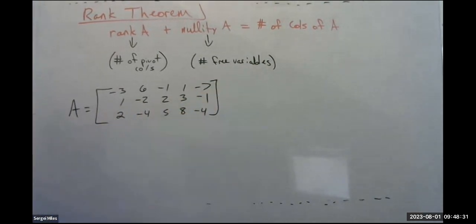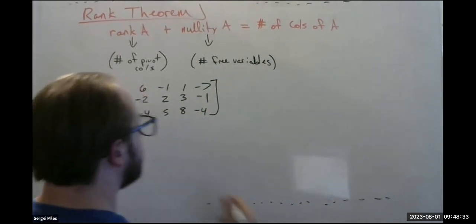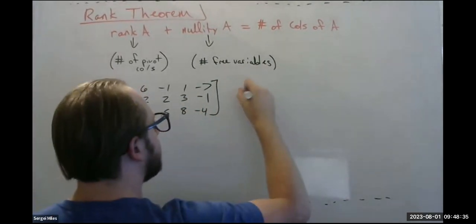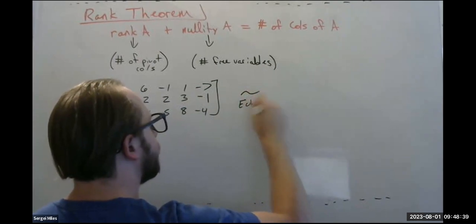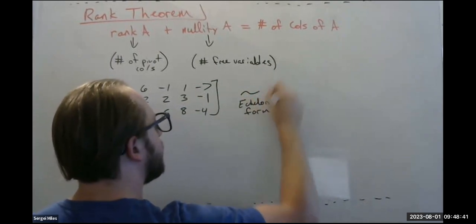Okay. Now, for the sake of space and time, I'm just going to go ahead and write out the echelon form. So this is the echelon form after reduction.